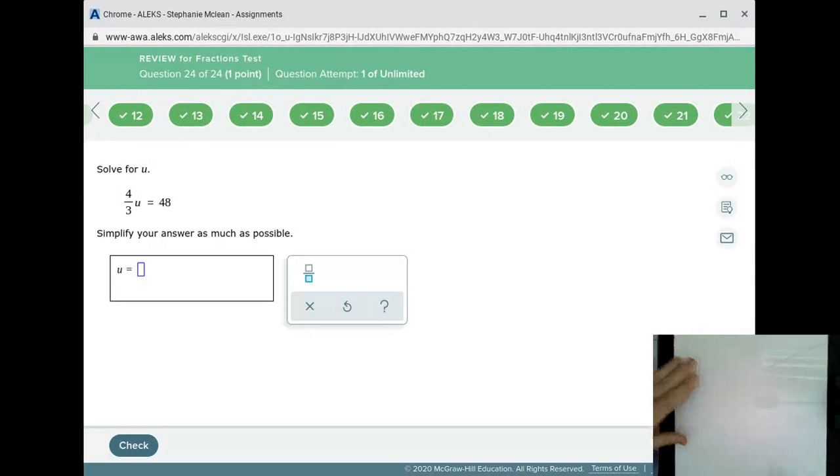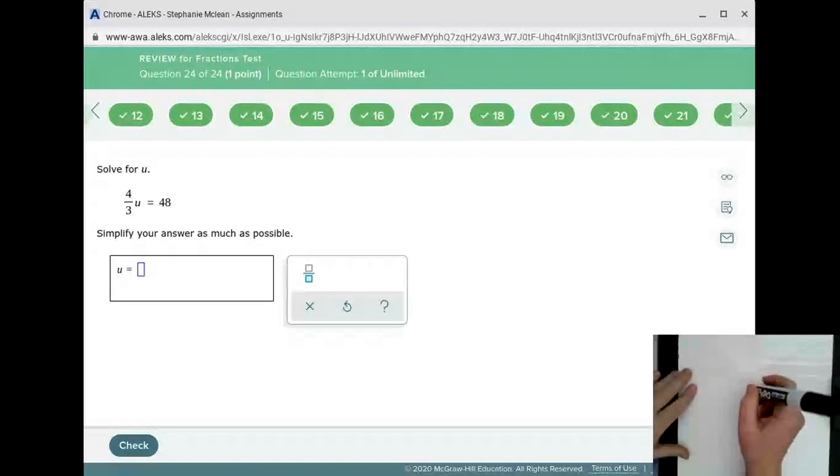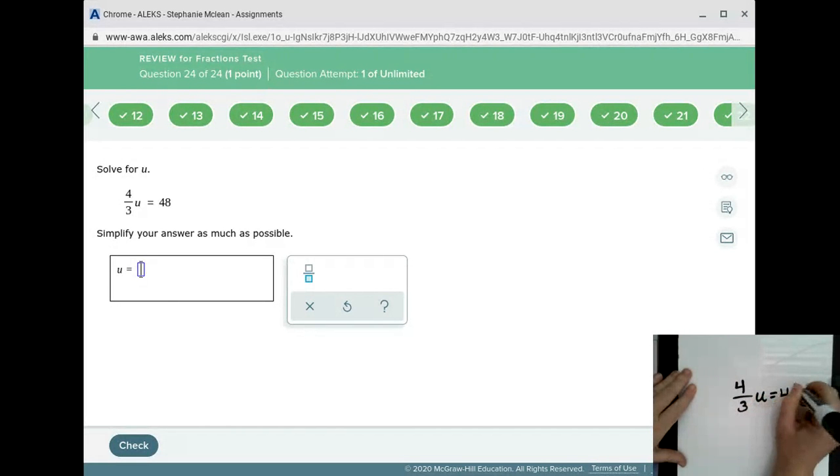All right, this is very similar to what we just did. So I have 4/3 u equals 48. When I have a fraction multiplying my variable, you multiply both sides by the reciprocal of that fraction.